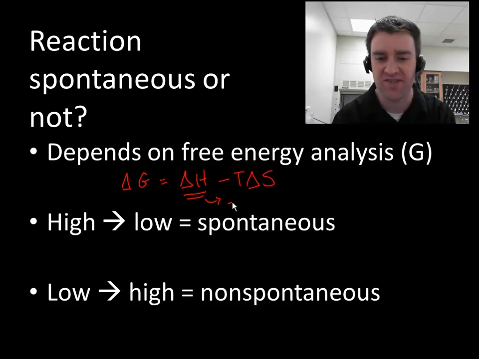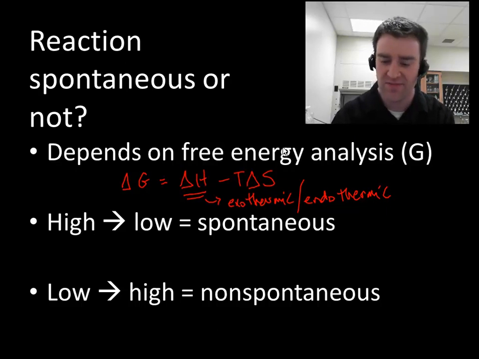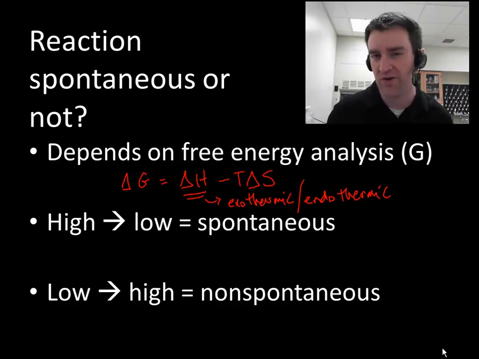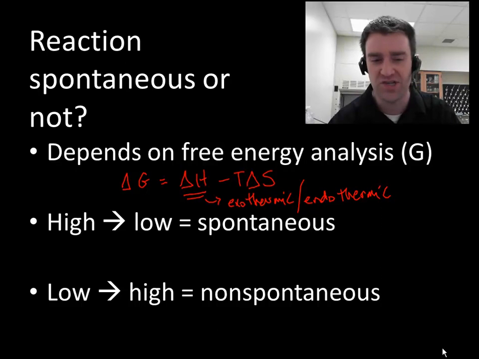If you remember discussing reactions as being exothermic or endothermic, that was really related to delta H. And delta G obviously has something to do with delta H. It just also factors in a few other factors to talk not just about the total energy of a set of chemicals, but rather their free energy. And that's just not a distinction I really want to go into too much here.